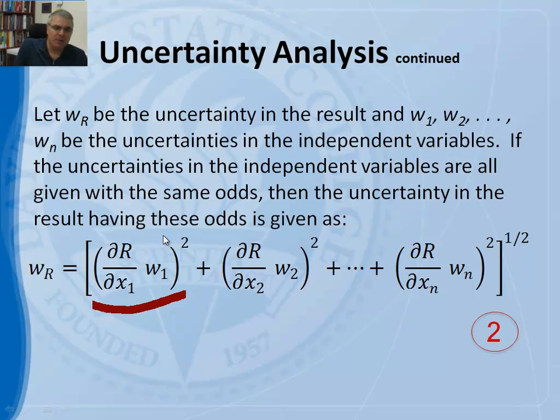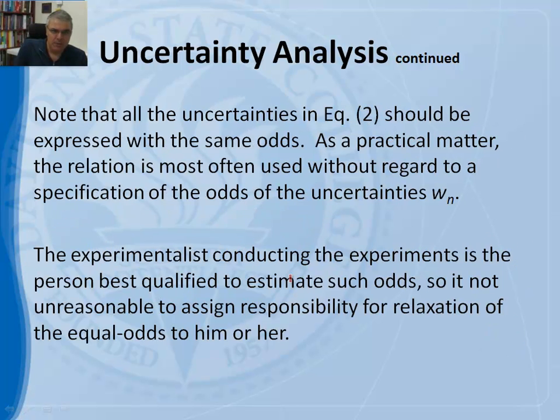And then we square it, and do the same for the next one, depending on the number of variables that we have. We may end up right here if we only have two variables. If we have three variables, then we're going to have partial R with respect to partial x sub 3, times W sub 3, squared, and we take the square root of these three terms, and so on. But this is the general form of the equation.